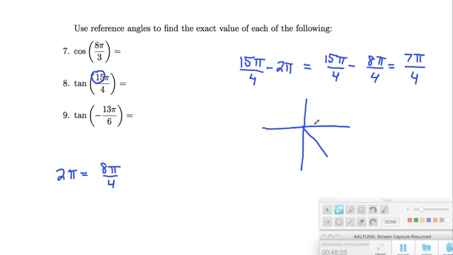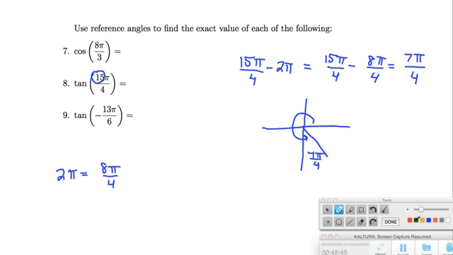So that angle, if you're coming from standard position, should be right here. So it is 7 pi over 4.